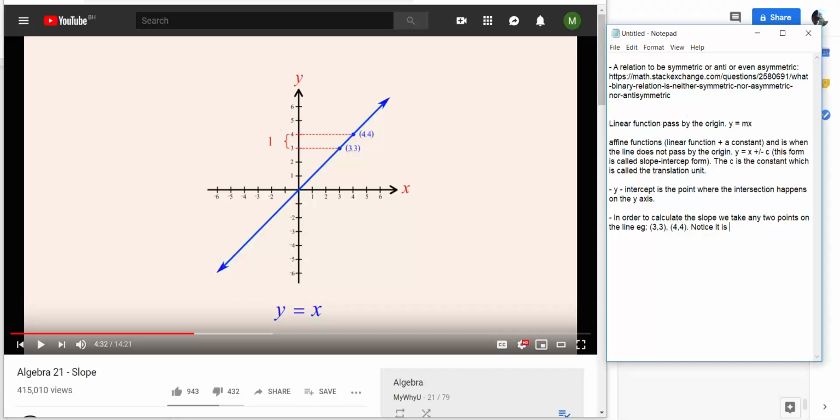Notice they are 1 unit apart on the x-axis. Taking the y-coordinate values, we get 4 and 3. Subtracting those leads to 1, and that is the slope.